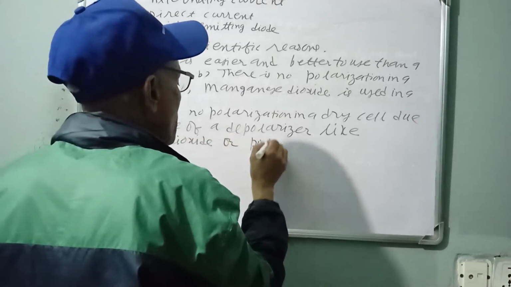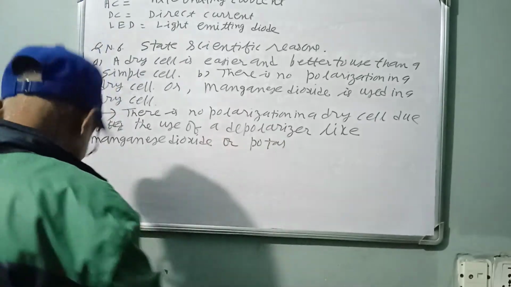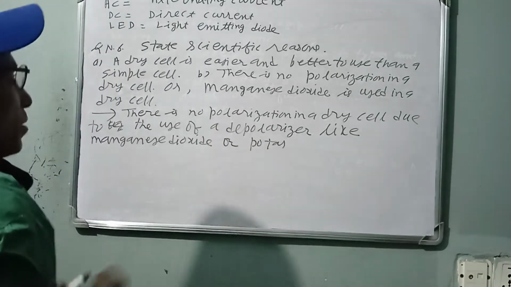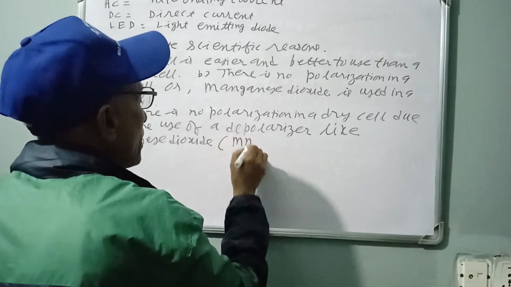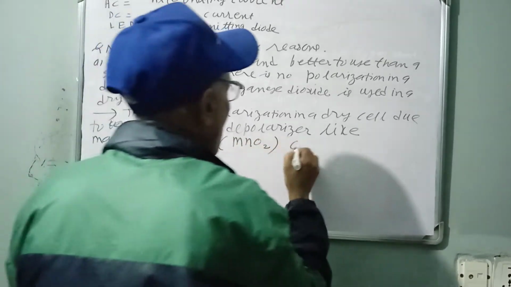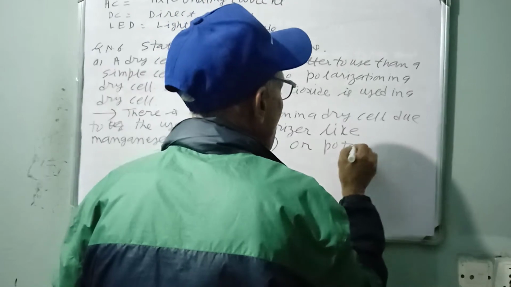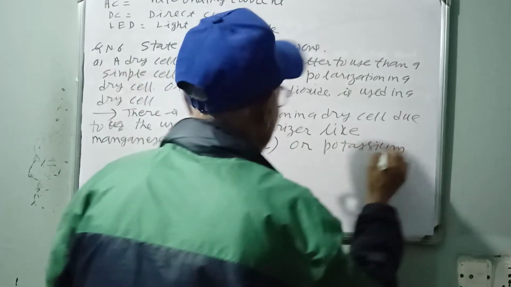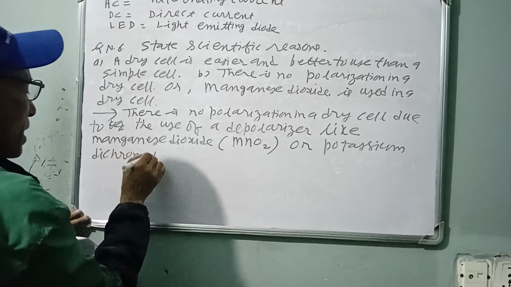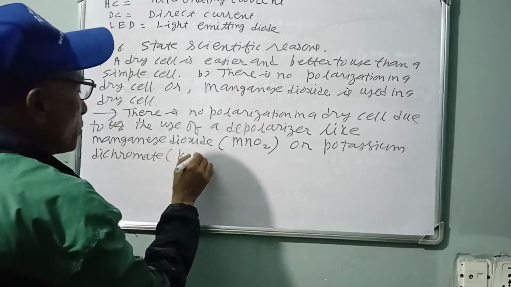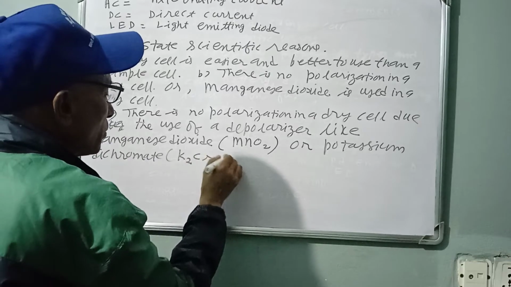Or potassium dichromate. It is better to write down the molecular formula as well: manganese dioxide MnO2 or potassium dichromate K2Cr2O7.